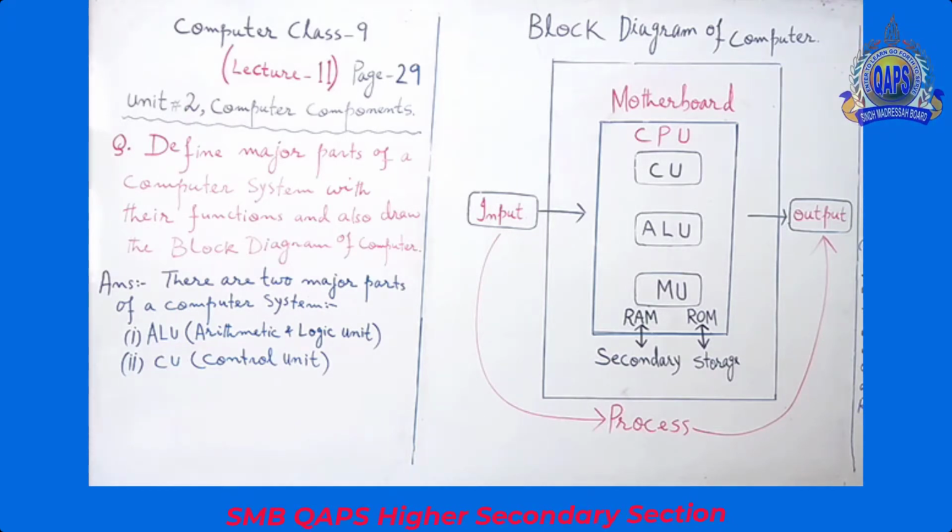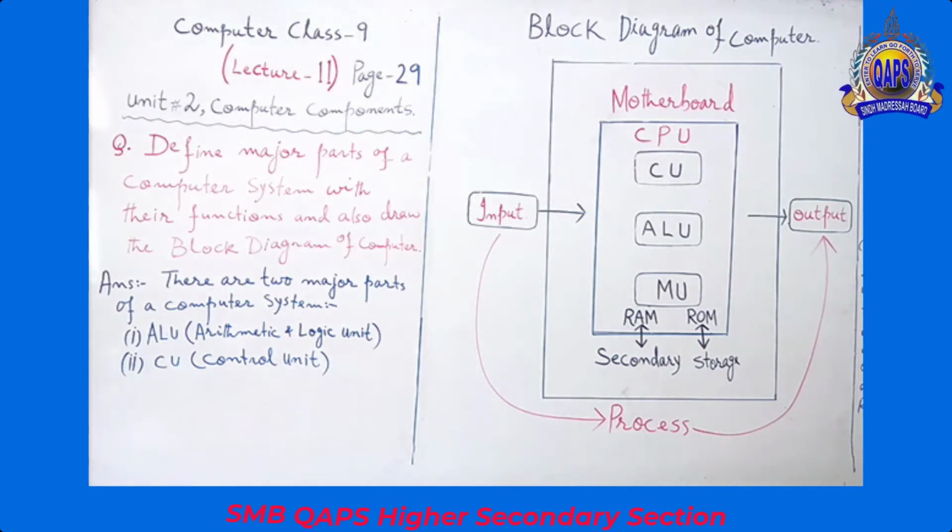The ALU performs the basic functions on data received from the primary storage based on instructions from the control unit. This is the definition of ALU, and now I will let you know about some functions of ALU.